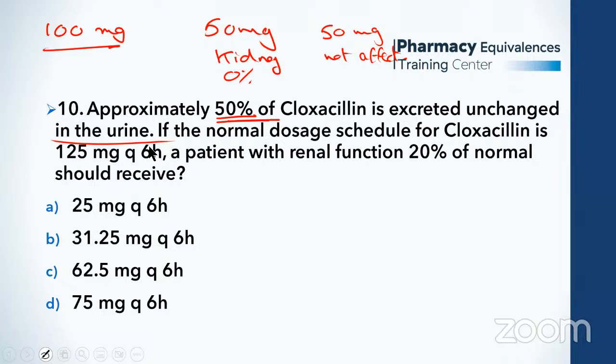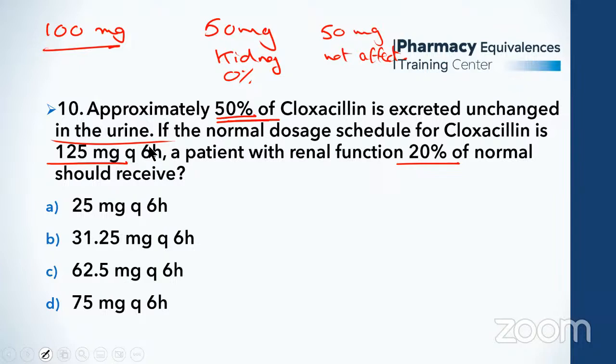If the normal dosage schedule for cloxacillin is 125 milligram every 6 hours, a patient with about 20% of normal renal function should receive which dose? So what is the new dose for a patient having kidney function of 20%?